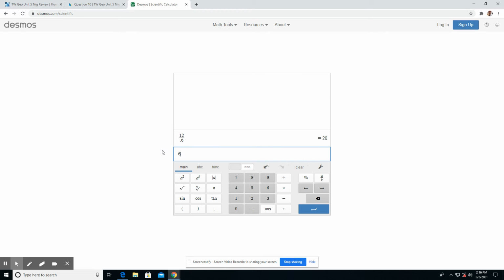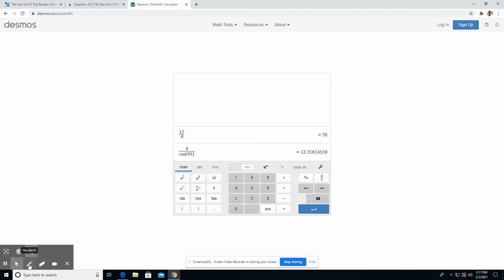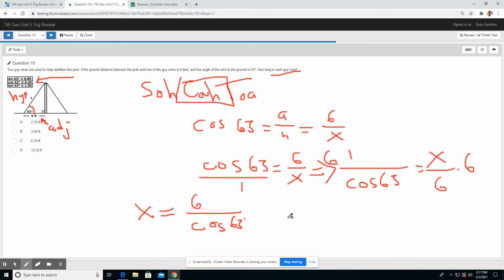That's 13.216 and so on. And they are rounding to 2 decimal places.